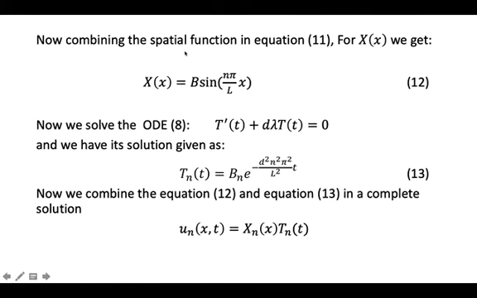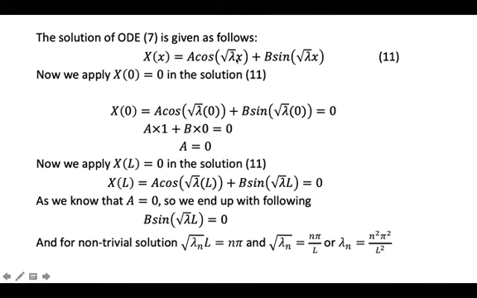Now combining the special function in equation 11 for f of x, we get this one. When we combine this, we write this; we know that a is equal to 0, so this whole term diminishes, and we are left with this one.